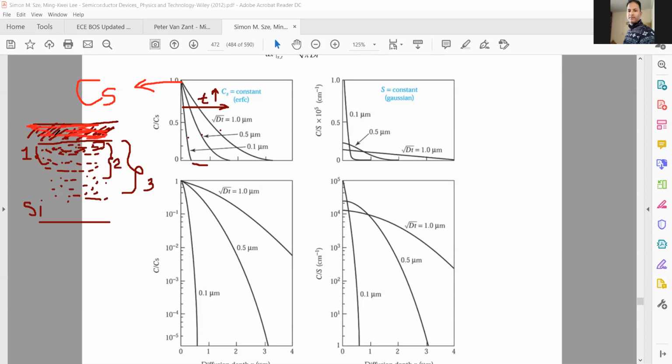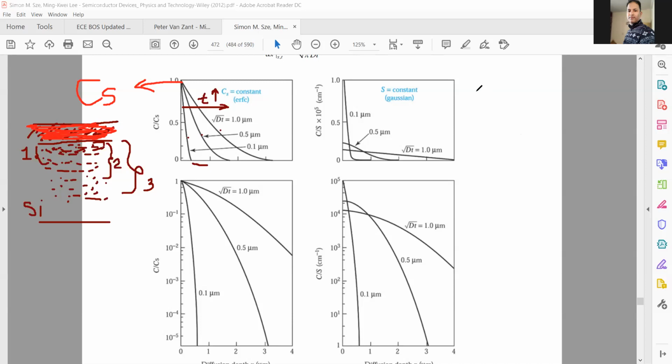This is how your dopant profile will look for different values of time when we have constant source diffusion.